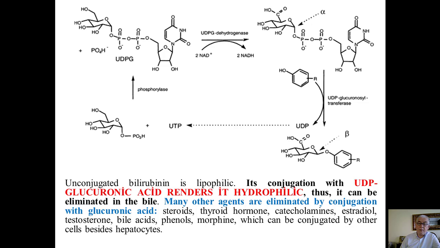After that, we can use UDP glucuronic acid for conjugation reactions in steroid and thyroid hormone, catecholamine and estradiol metabolism. It is one of the most important reactions for conjugation of many molecules in the cell.